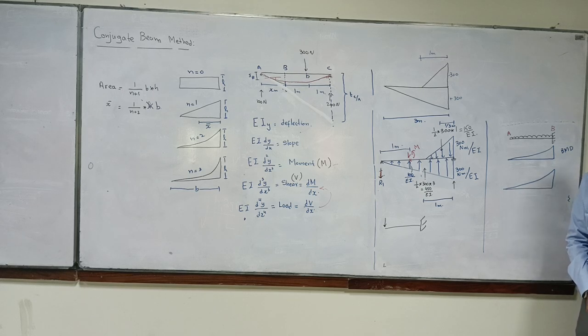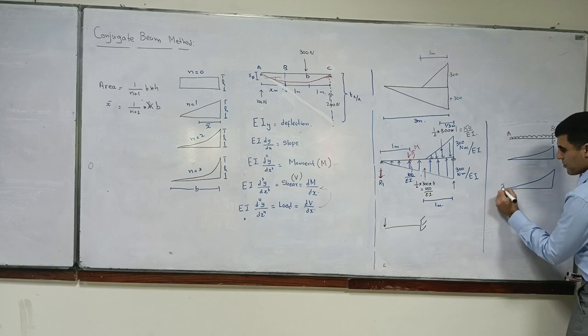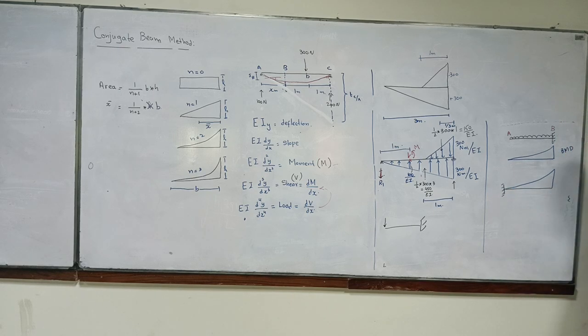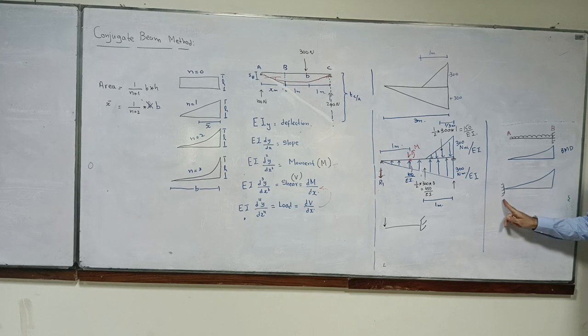What is that support which will give me moment? So I make this fixed and this one free. If I make point A fixed and point B free, I would have finite moment at this point, won't I?